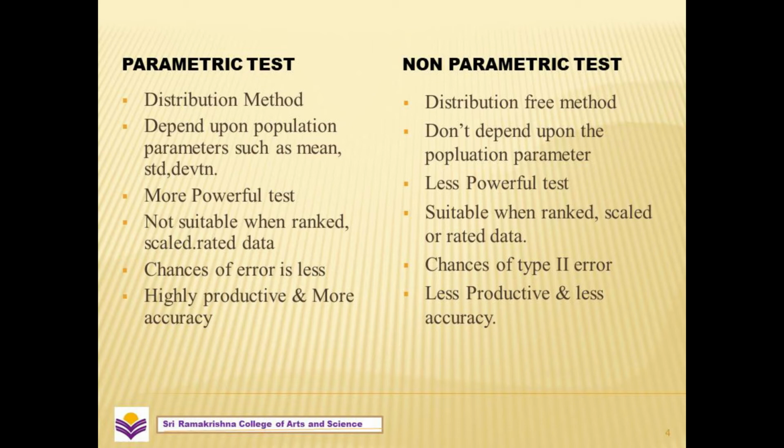Examples of non-parametric tests: Chi-squared, Kruskal-Wallis, Mann-Whitney, Kolmogorov-Smirnov. Parametric tests, as I said earlier, are Z, T, F, ANOVA. We can go with parametric tests because error is less, they are highly predictive and most powerful.